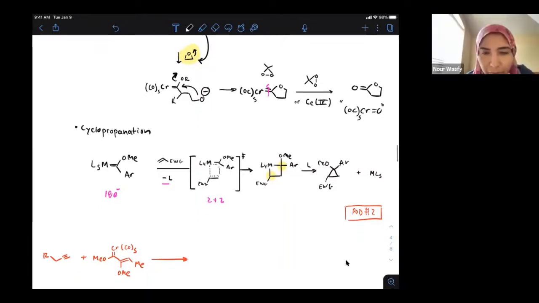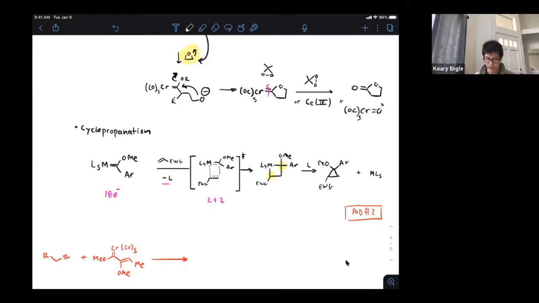I have a question about the regiochemistry of the 2+2. Yes. So I guess the carbene carbon, because it's electrophilic and the metal is nucleophilic, I would have thought that the opposite regiochemistry will predominate, considering that you have an alpha-beta unsaturated system, electron withdrawing. So you'd have a delta plus at the beta position, delta minus at the alpha position. Yeah, it's a good question, Noor.